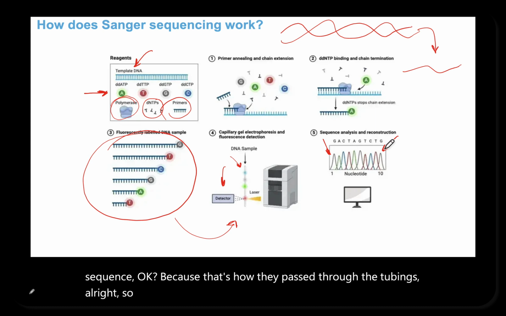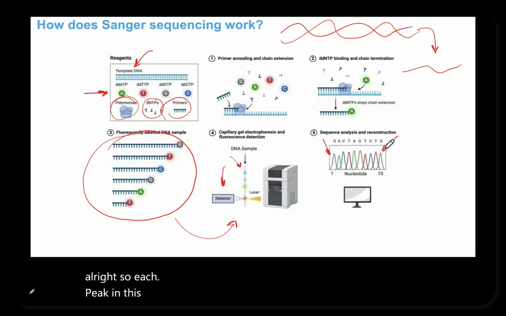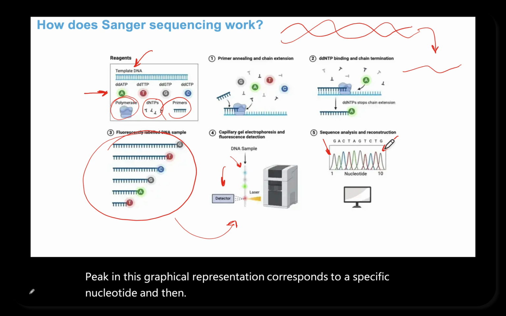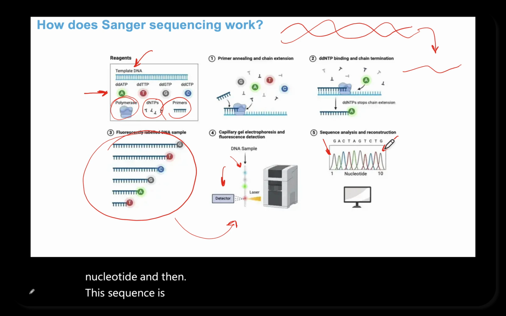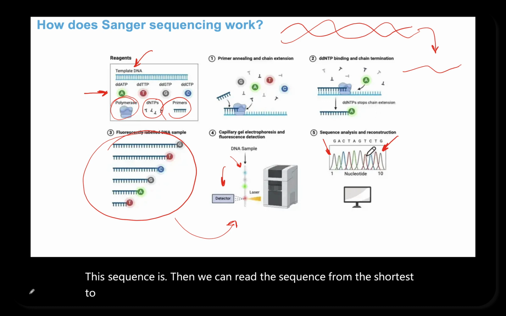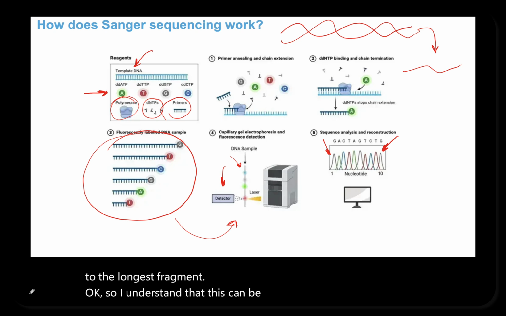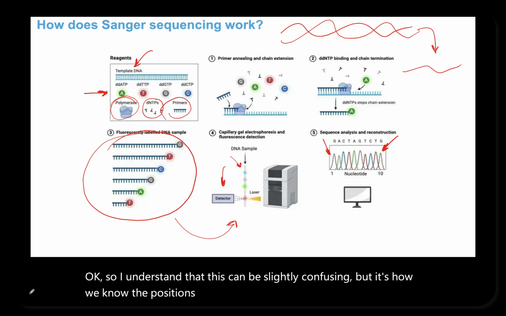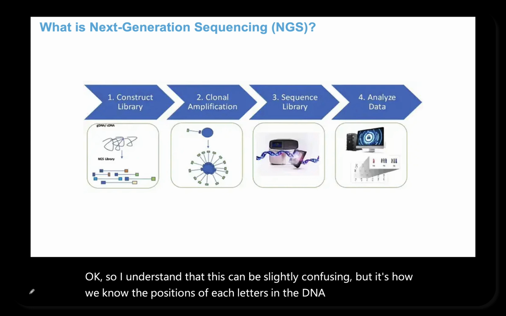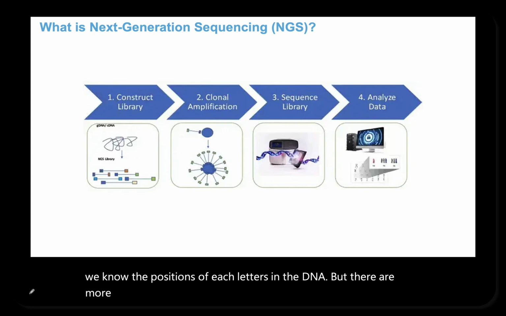Each peak corresponds to a specific nucleotide, and we can read the sequence from the shortest to the longest fragment. I understand that this can be slightly confusing, but it's how we know the positions of each letter in the DNA. But there are simpler ways of doing that.